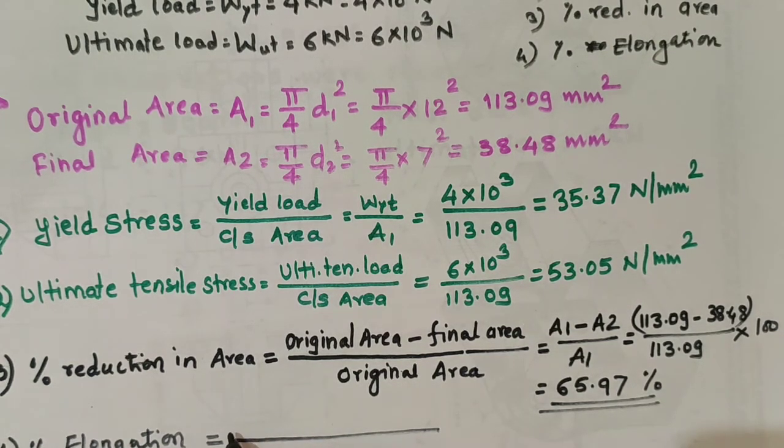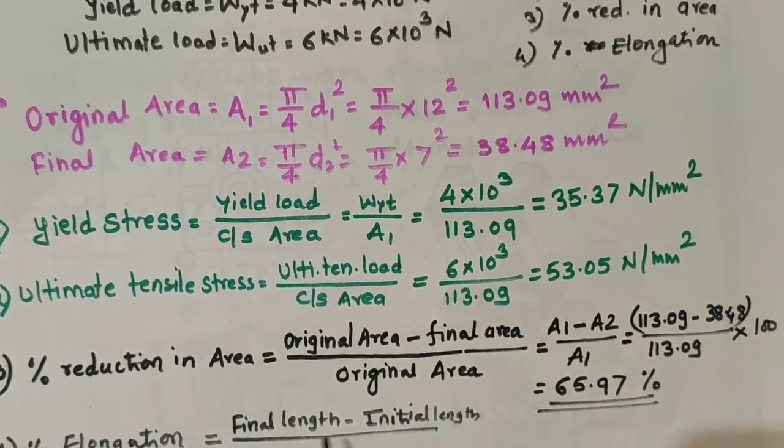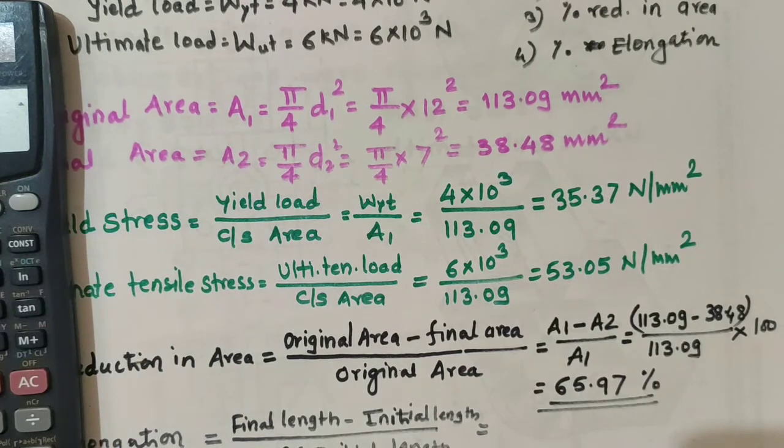So final length minus initial length or original length. You can write here the difference in the length upon the original length, that is also okay. So you have to find the difference between the final length and the initial length.